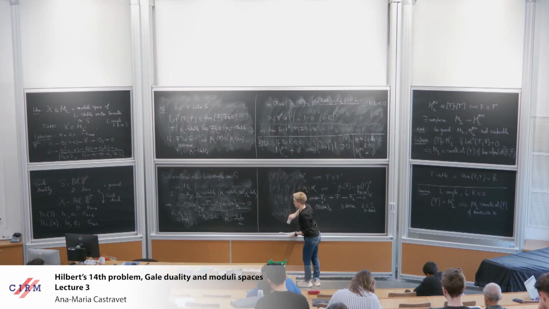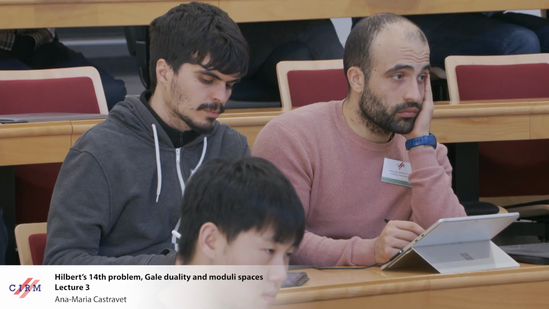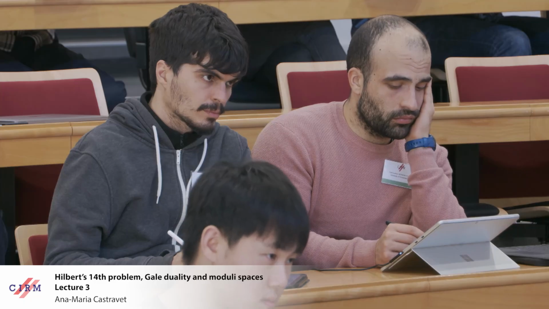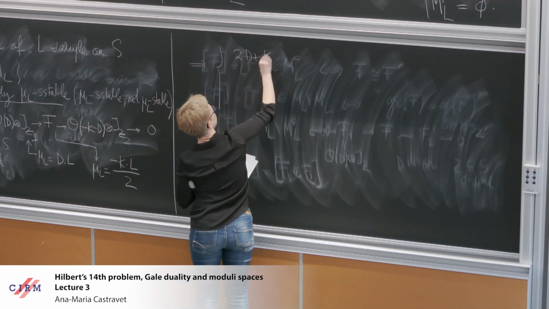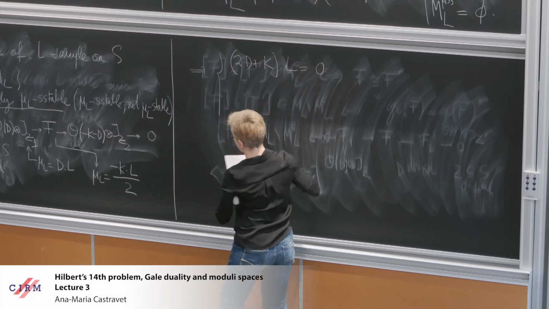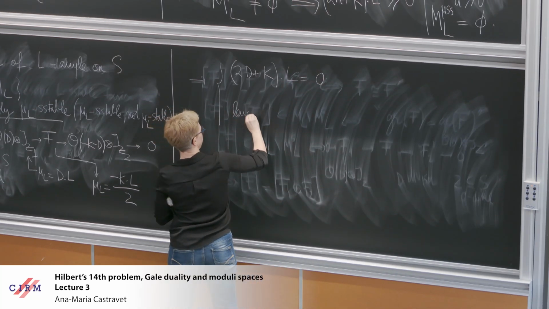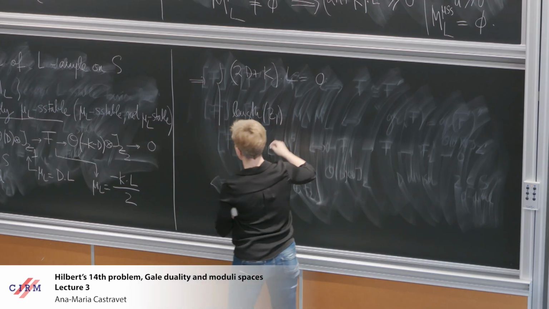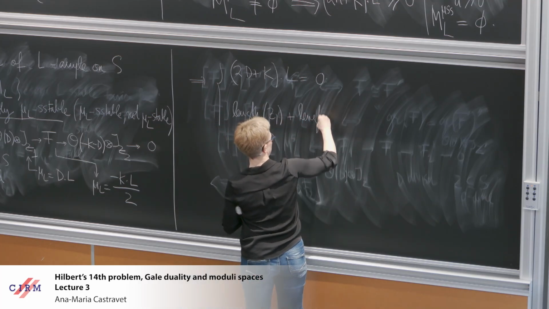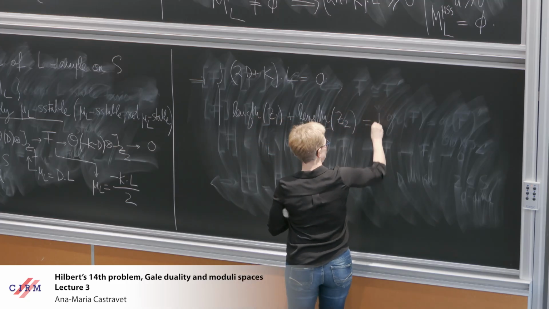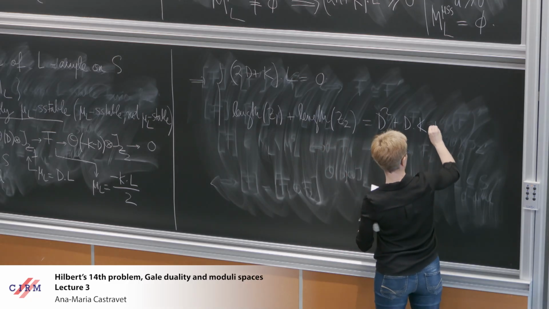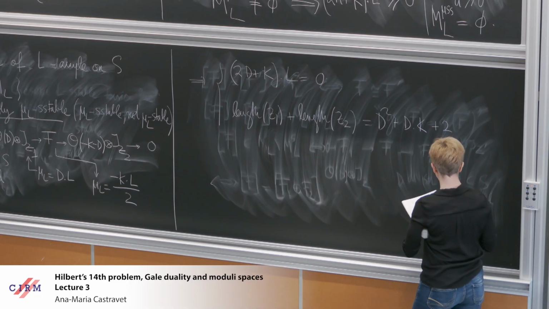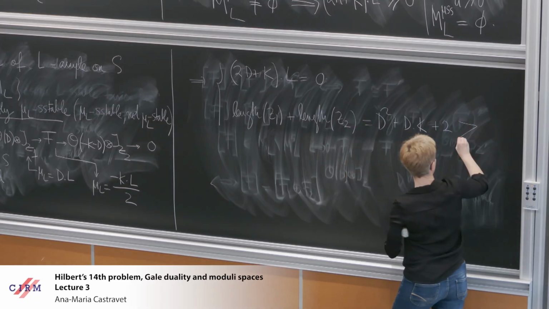And then there is also a constraint on the length of these zero-dimensional subschemes. Those contribute to the second Chern character. So in the end, what you get is that 2d plus k intersects L in 0. And then from the second Chern character calculation, you get that the lengths of these zero-dimensional subschemes have to sum up to d squared plus d times k, the product of the two first Chern classes of these torsion-free sheaves of rank 1, plus the second Chern character of F. And now these are lengths of zero-dimensional subschemes, so this has to be bigger or equal than 0.